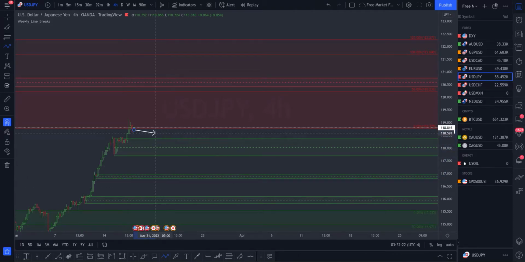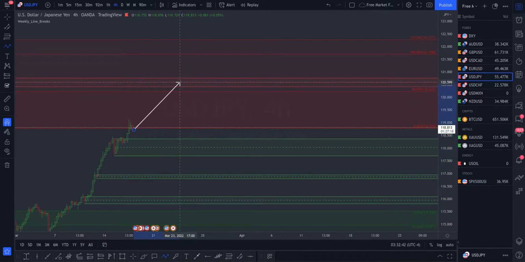All right, but we have pushed up into this institutional distribution, and we may see price come into that 50% equilibrium and bail off.